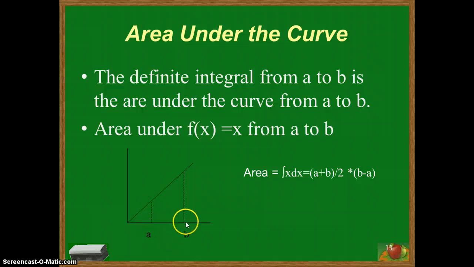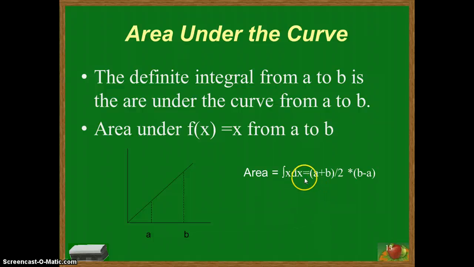The bottom base, since we're at b and y equals x, would have length b. Add those together, divide by 2, and take the height of the trapezoid, which would be b minus a. So in this case, we're using a geometric shape to find the area under the curve.